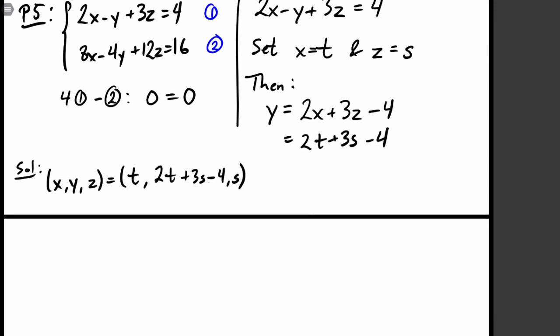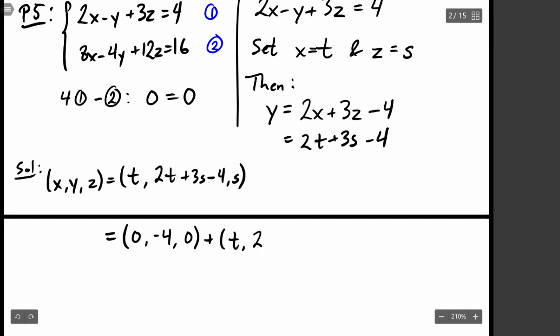So what we're going to do is split it up into 3 pieces. The constant piece, which here, the first one has no constant term, the second one has -4, the third one has none. And then one with the t's, so t, 2t and 0, plus 0, 3s, and s.